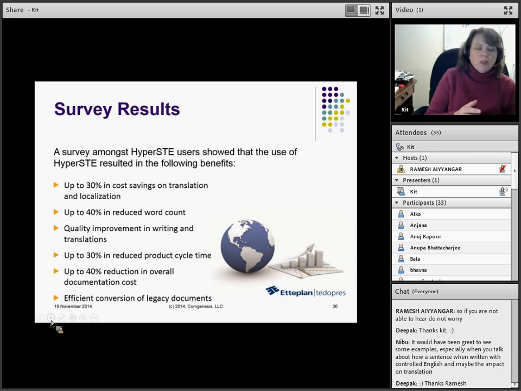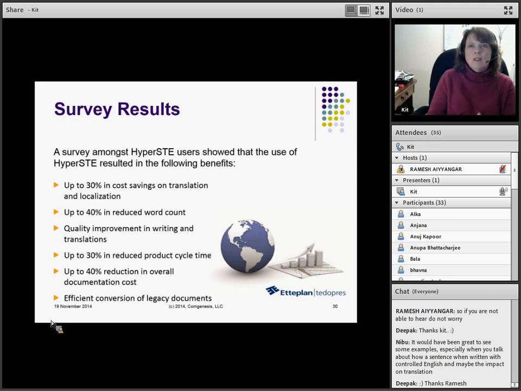And these results seem fairly typical once the team is on board with using controlled language consistently. However, it does take up to about 12 to 18 months to get the entire content curated and modified to support controlled language. Partially this is due to the way the product cycles work. And I usually recommend that you only convert legacy content if it's needed for a new product or a product update.